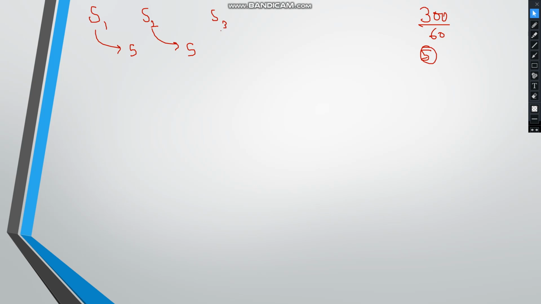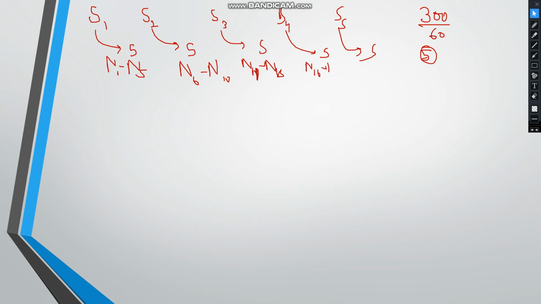Now S3, S4, S5: these are N1 to N5, N6 to N10, N11 to N15, N16 to N20, N21 to N25.